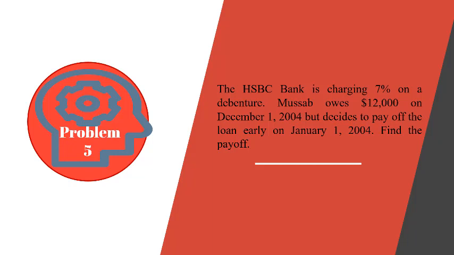So we have on days 1 minus 1 equal to 0, and on months we have 12 minus 1 equal to 11, and for years 2004 minus 2004 equal to 0, so we have 11 months.